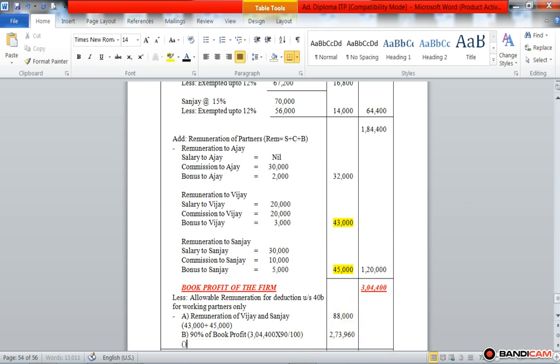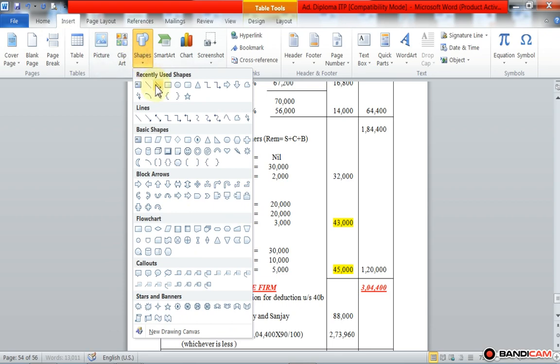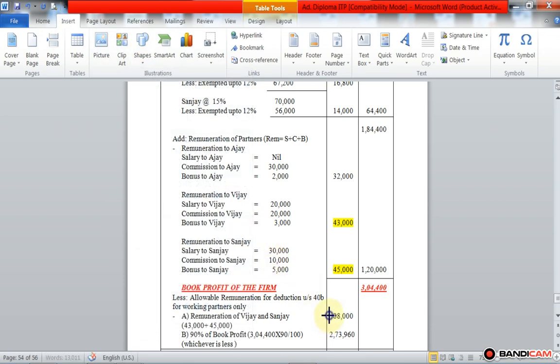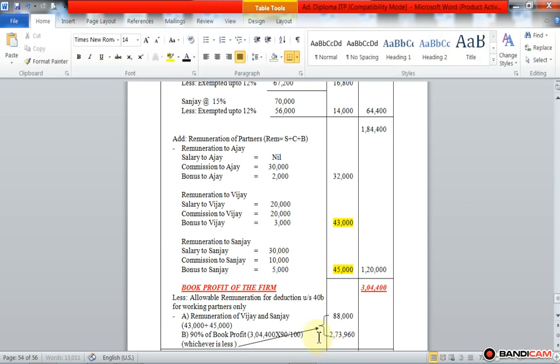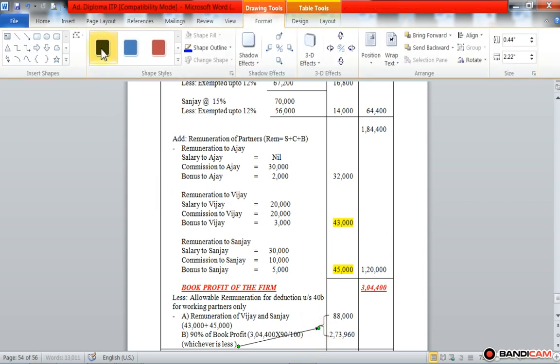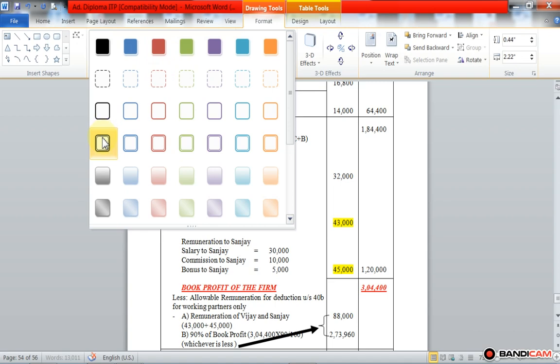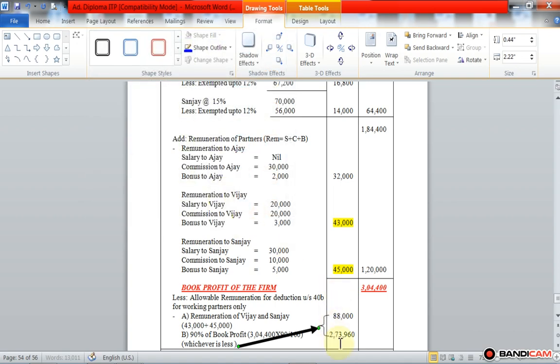Whichever is less from A and B is allowed for deduction.